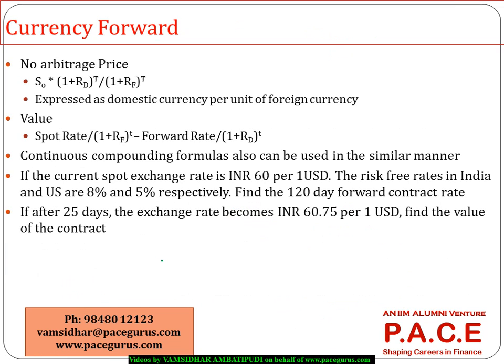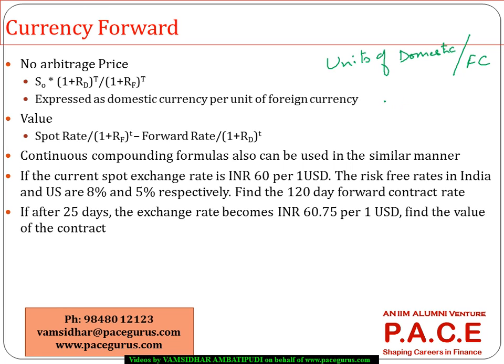Then the other set of forwards we are looking at in this session is the currency forward. Again, the typical way the currency is quoted is number of units of domestic currency per 1 unit of foreign currency.